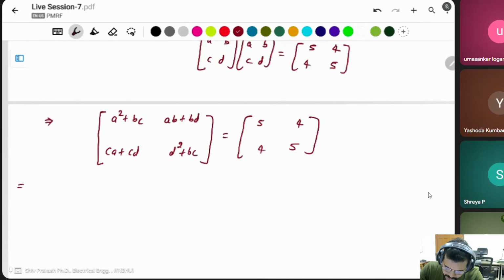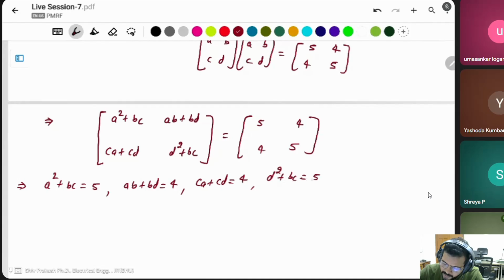Then you get the equations by comparing element-wise. This will be A square plus BC is equal to 5. Then AB plus BD is equal to 4. Then CA plus CD is equal to 4. Then D square plus BC is equal to 5.